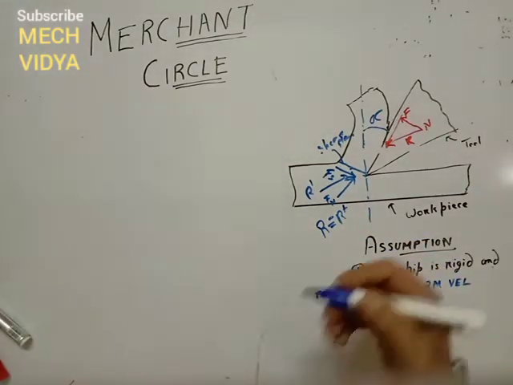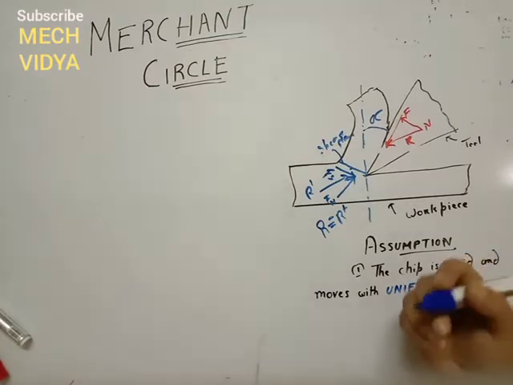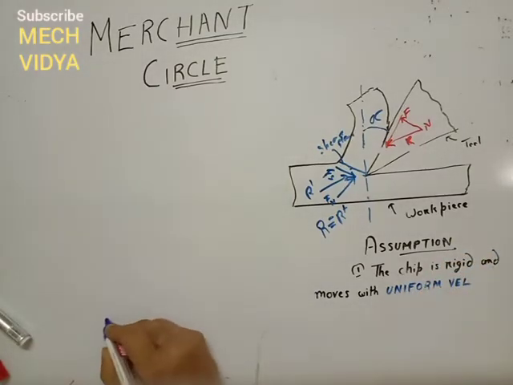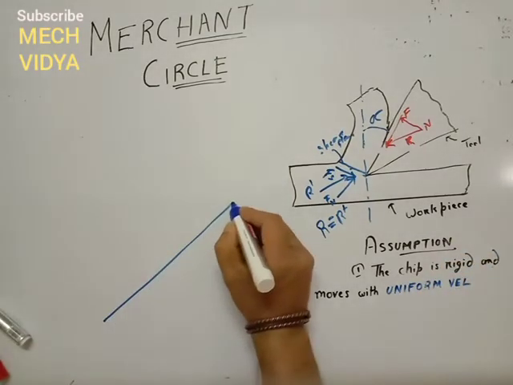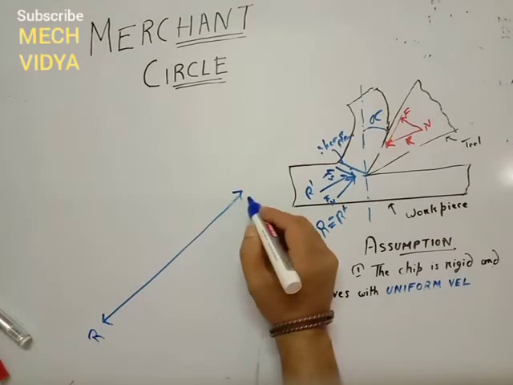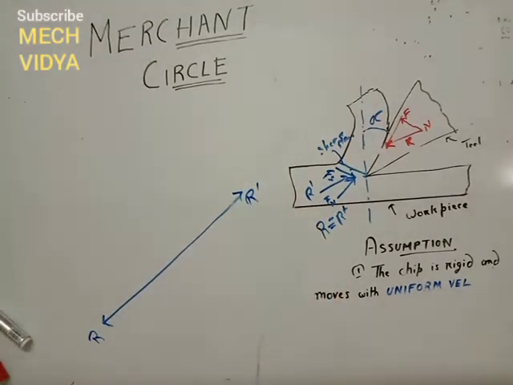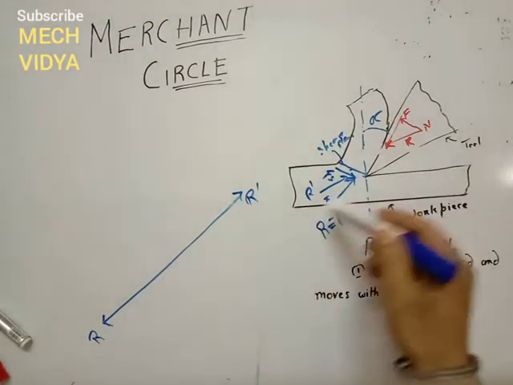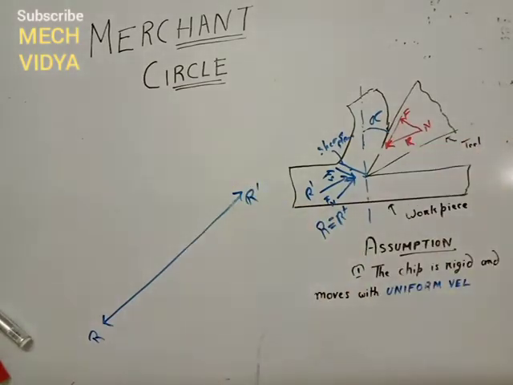Now to derive the force equations, let us draw this vector here. This is my R, this is the R dash. What I have done here is simply drawn this R dash vector here. Now let me draw the vertical and the horizontal component of this vector.